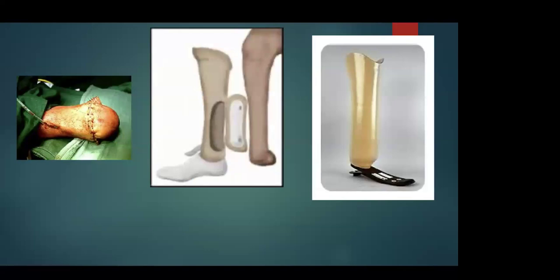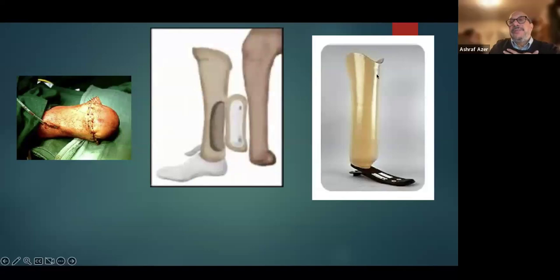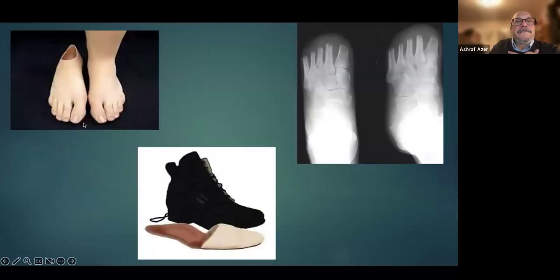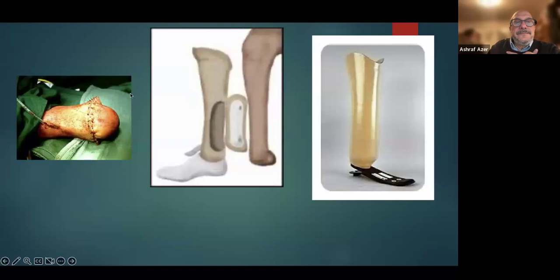Okay? How do you describe this? It's an end-bearing Syme's prosthesis, long and ugly, because it has control over the remnant of the Achilles tendon and the malleoli still bulgy. So how can we overcome this? You'll see a prosthesis with a window like that. The patient puts his thumb here, gets it out from here until he passes this tight area, then pushes it back in and covers it again.